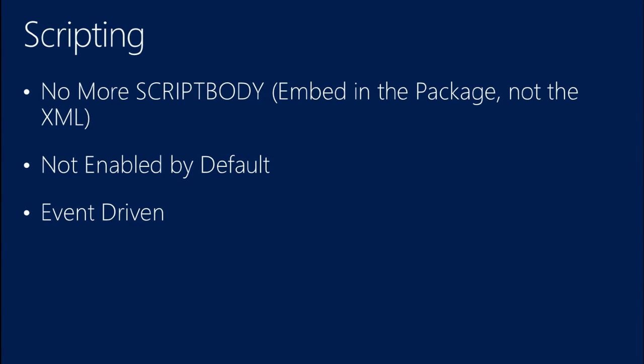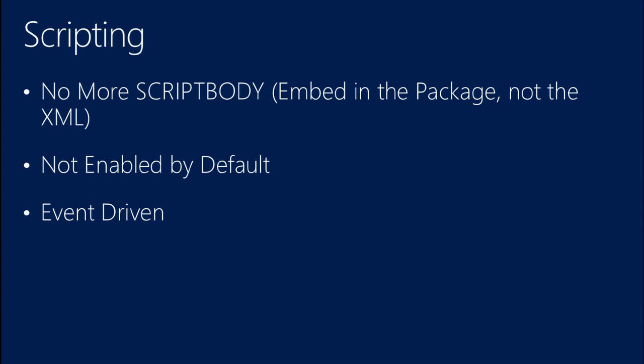All right, so first of all, with scripting, there is no more script body. We do not embed inside the XML. Those are not the scripts you are looking for. We embed in the package. Put the script in a command file, in a VBScript file, or in a PowerShell file, and embed it in the scripts folder inside the virtual package.